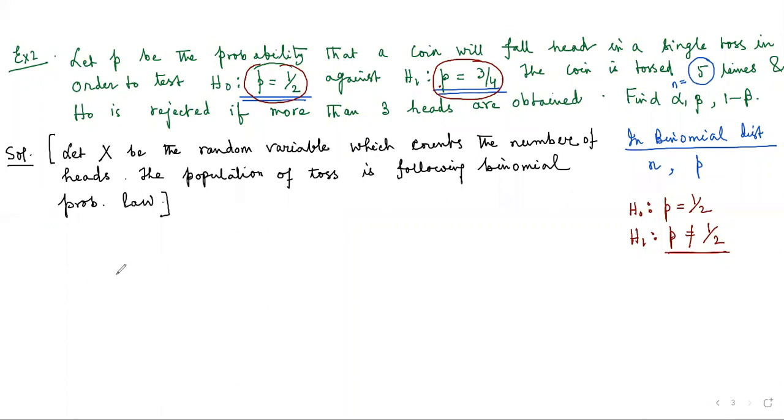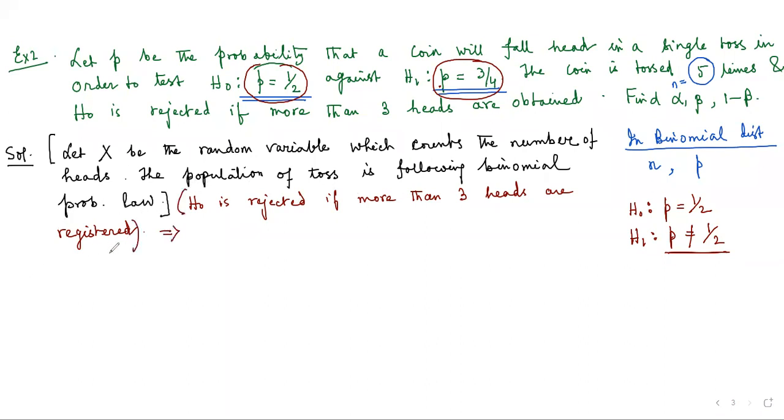Now we know that the null hypothesis will be rejected according to the problem if more than 3 heads are registered, which implies that this particular part is given.